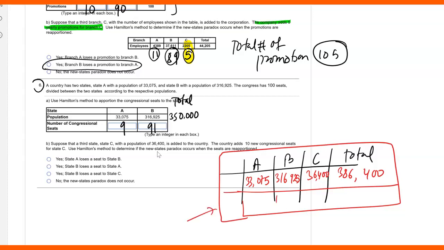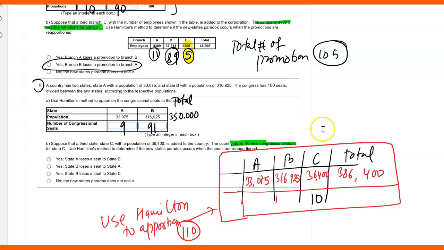Okay, again you do the Hamilton again. Use the Hamilton method to apportion. How many here? Apportion 110, because 10 new Congress seats are added for C. Therefore, obviously for C you have a 10 here.